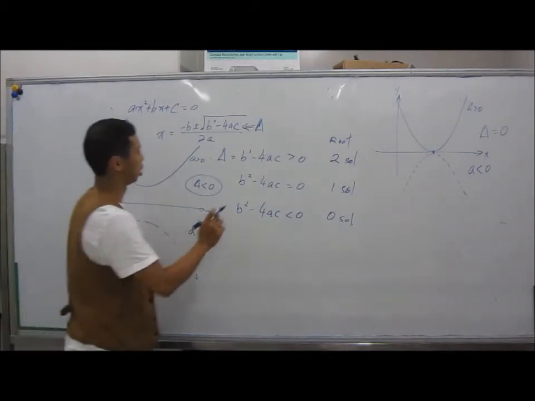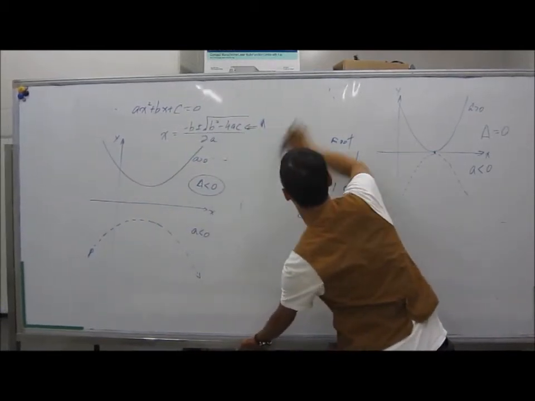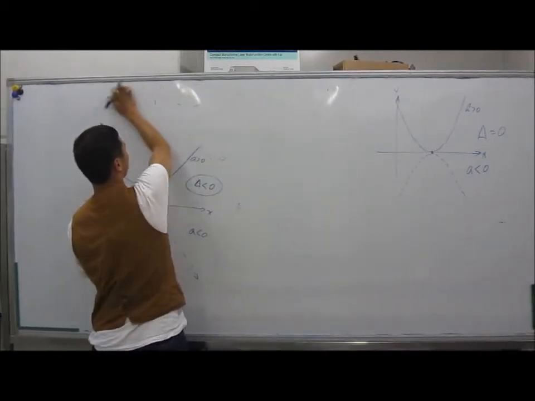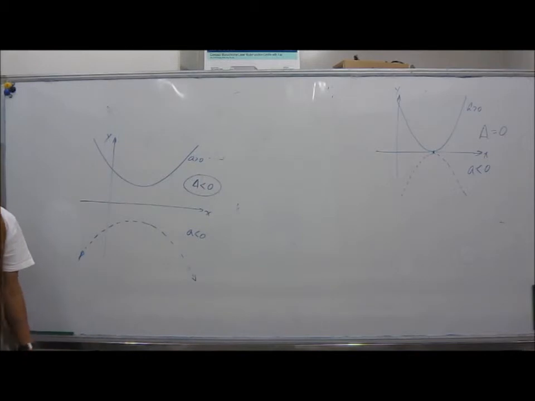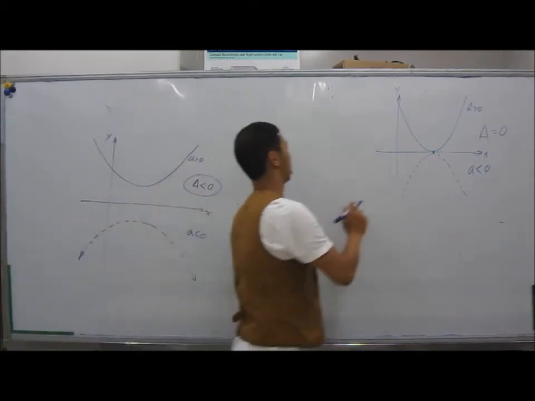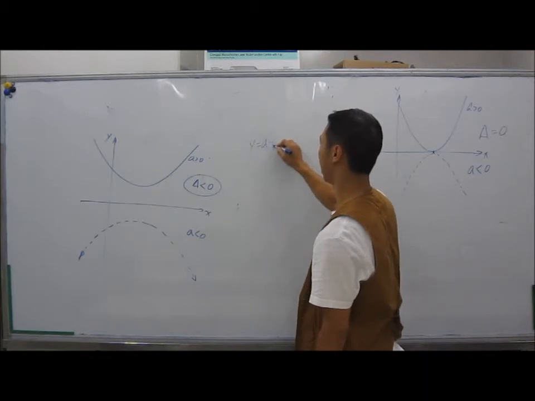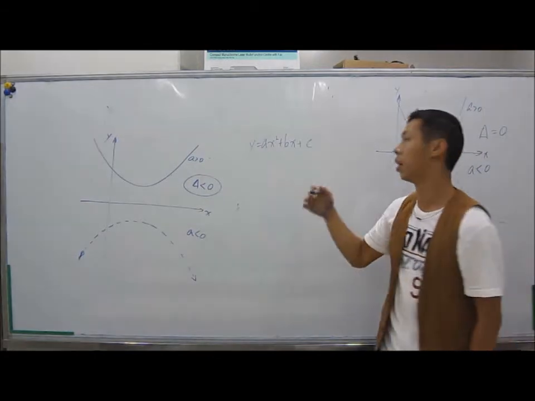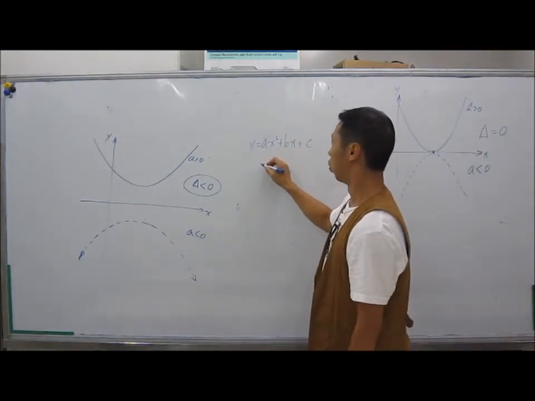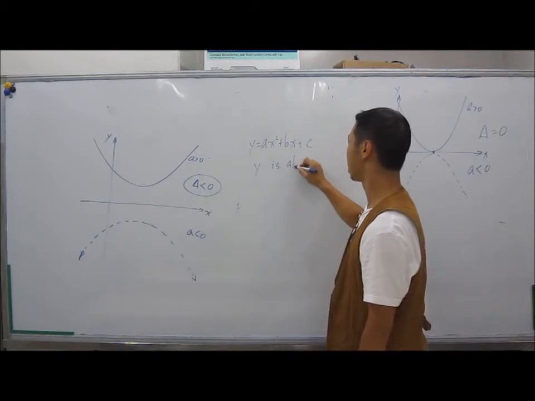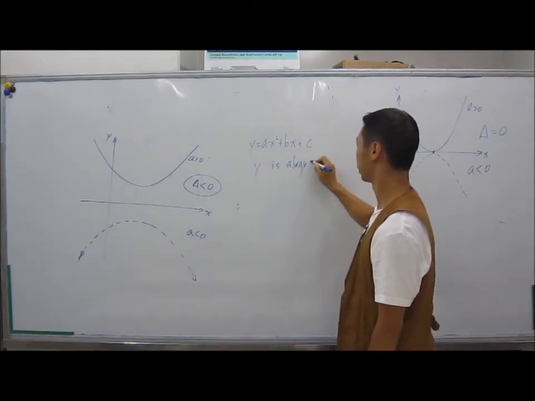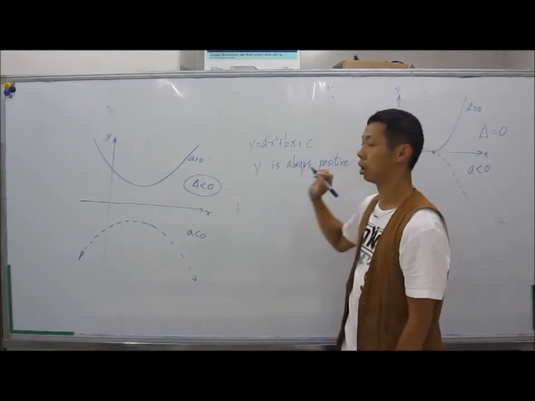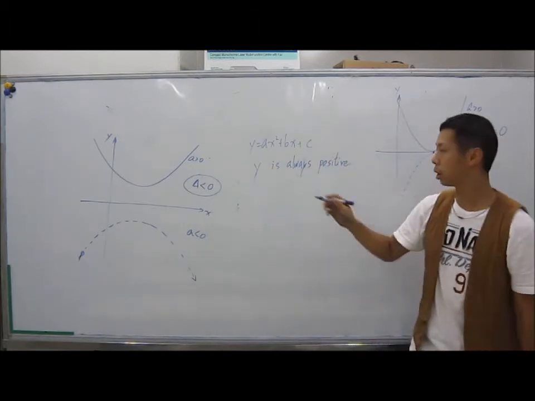Now, let me erase one thing and talk about the graph. We have a question like this: y equals ax squared plus bx plus c. If y is always positive, what does this mean?